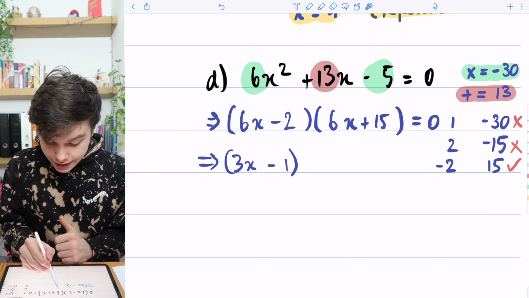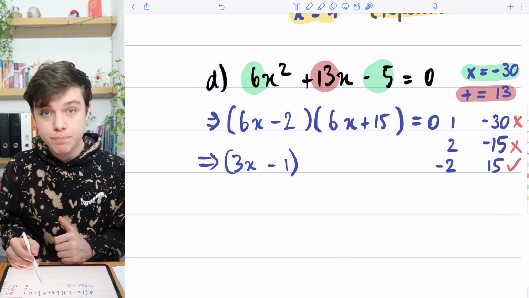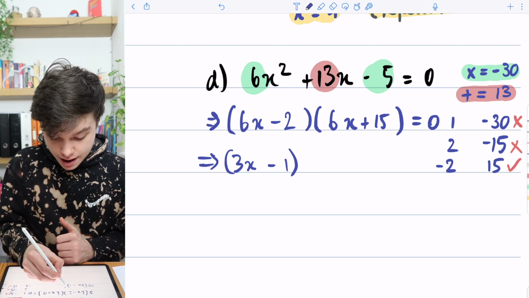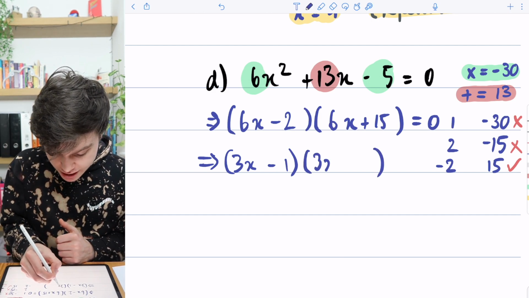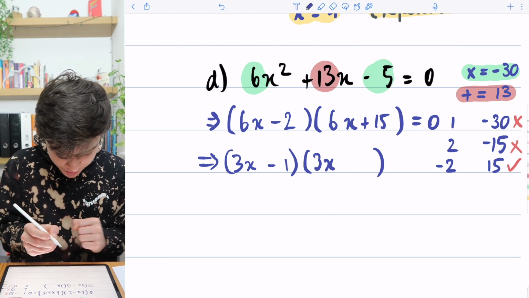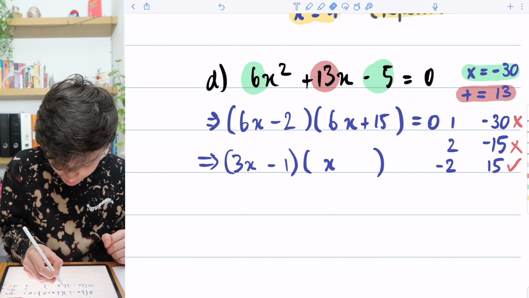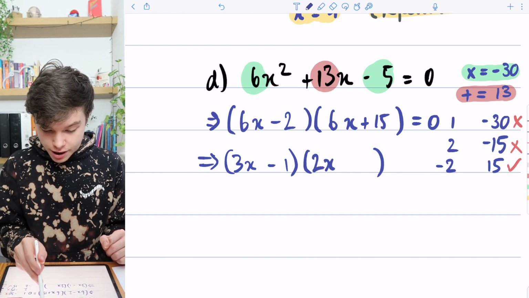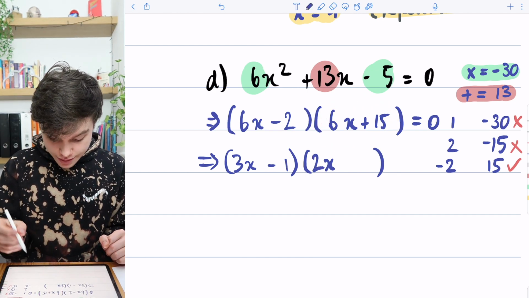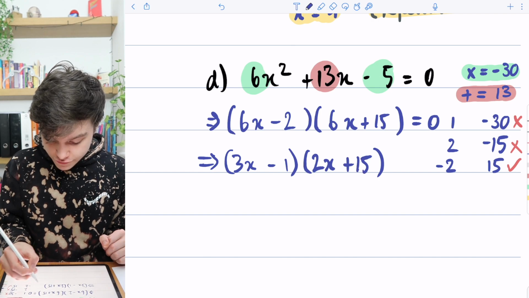And in here, I can divide both of these two terms by 3, and that's the biggest number I can divide by. So we divided this bracket here by 3, and then we're going to have 2x plus 15.